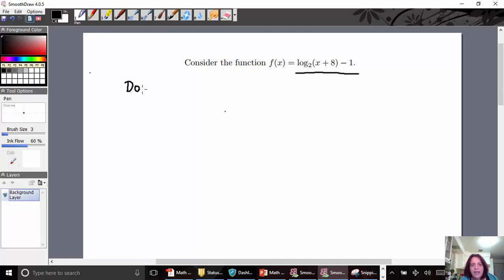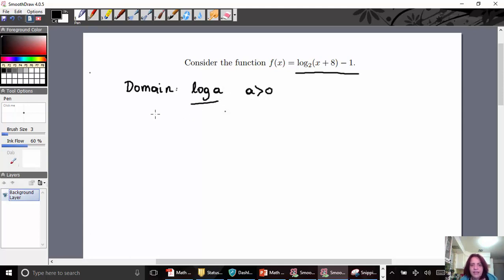To find the domain of a logarithmic function, as with every other function, what we need to do is look at regions that will limit the domain, that will limit the number of values for x. Now we know that the log of a exists only if a is greater than 0.